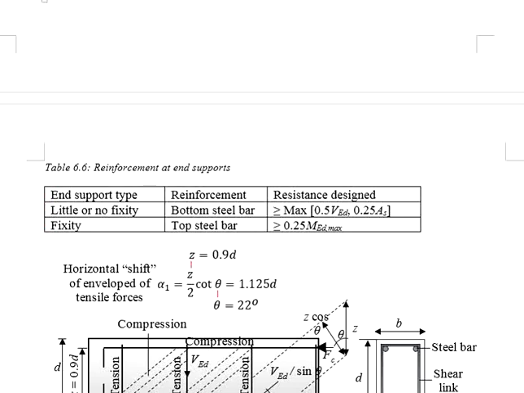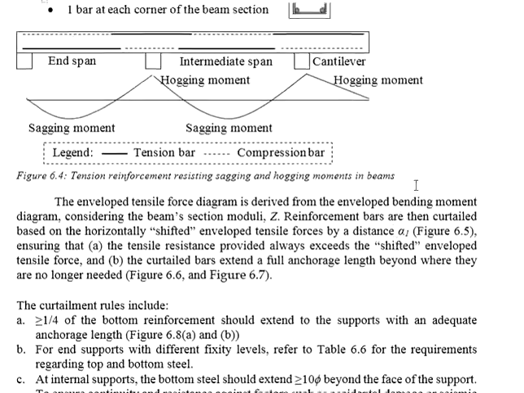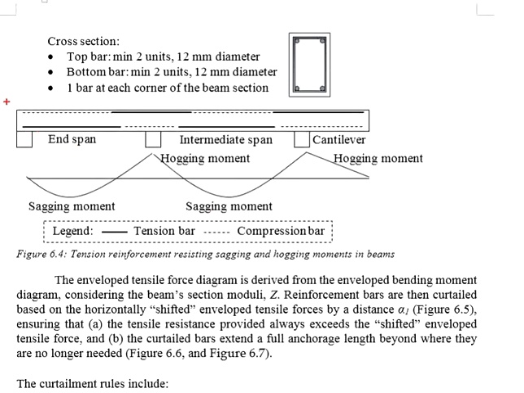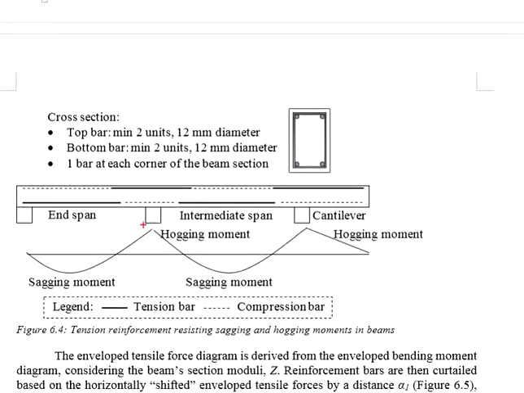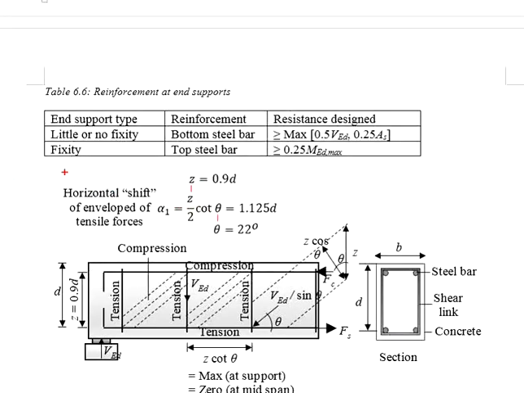To make it simple, if you expect the end support here to provide little or no contribution in terms of the moment resistance, that means you consider the end support with little or no fixity. Now, if you have intentions to have the end support carry the moment, this will be considered with fixity. Because of the end support conditions here, the requirements for the reinforcement differ.